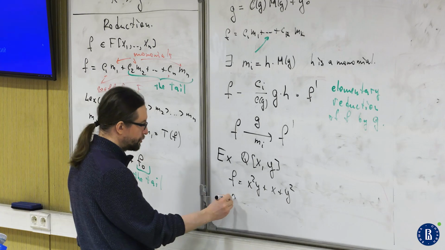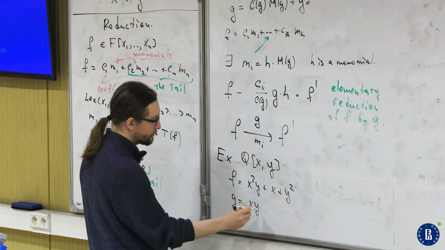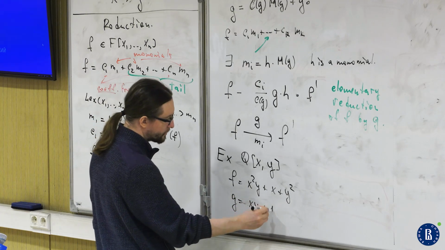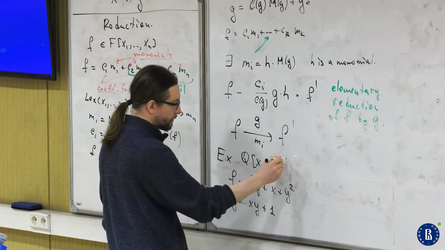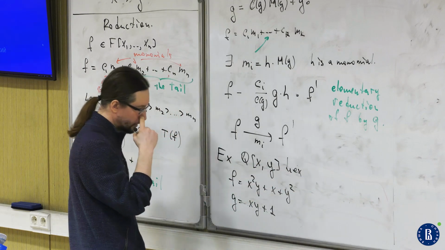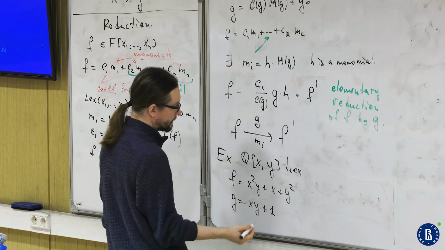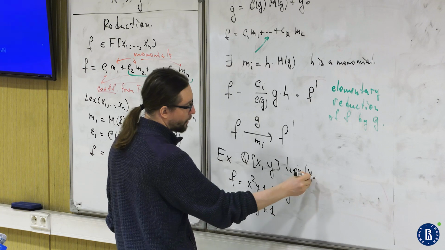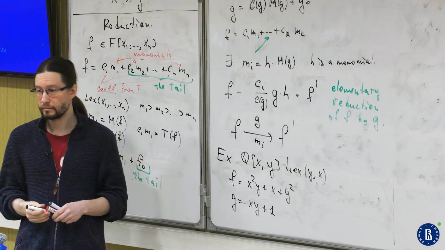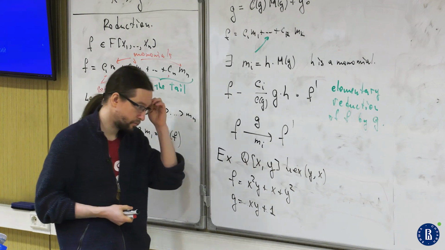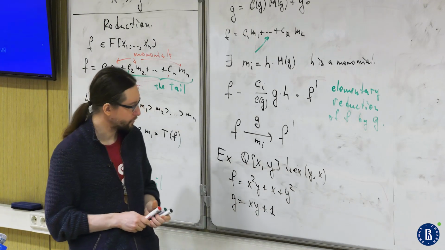And let's say g is xy plus 1. And the lexicographical ordering, well, here it doesn't matter, but let's say we have y, x. So y is higher than x, just for this to be more interesting.